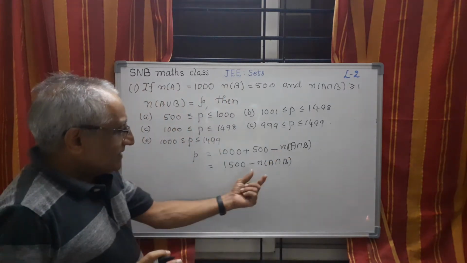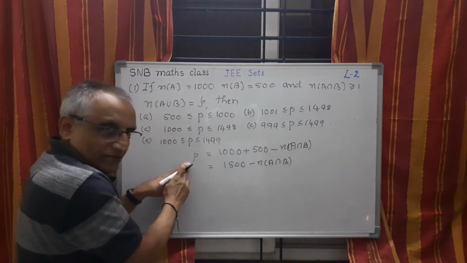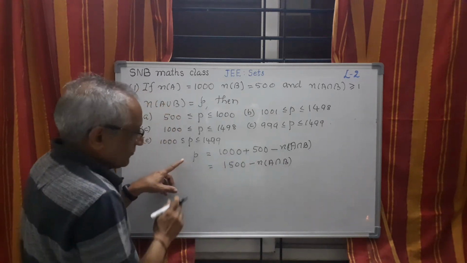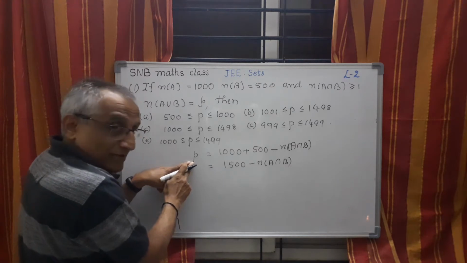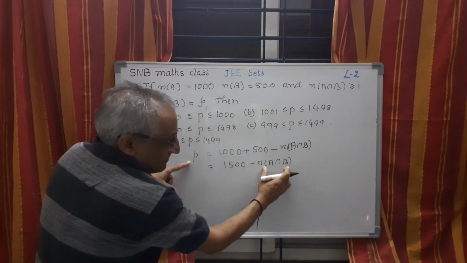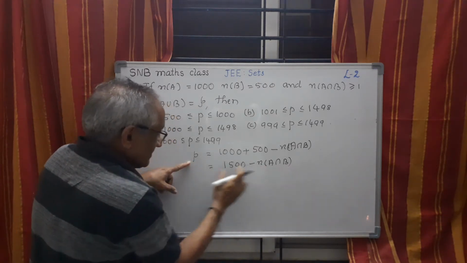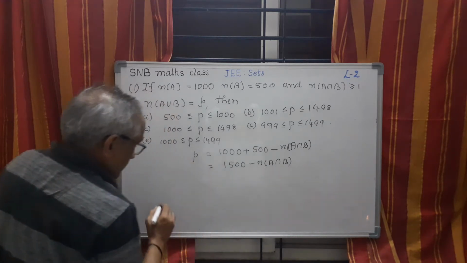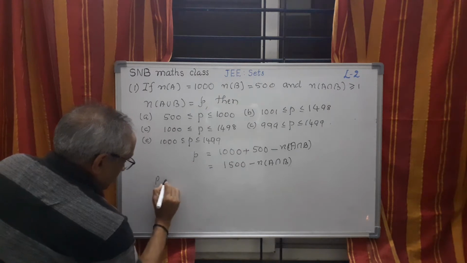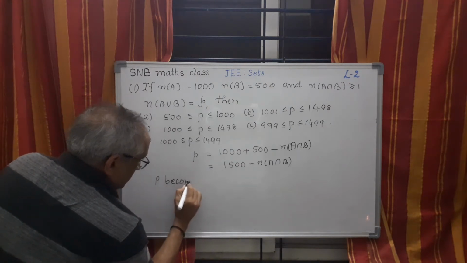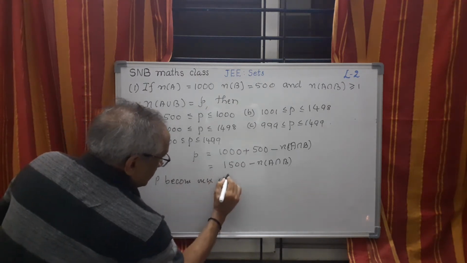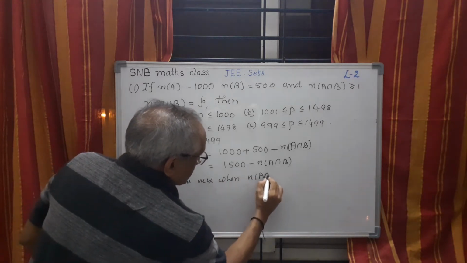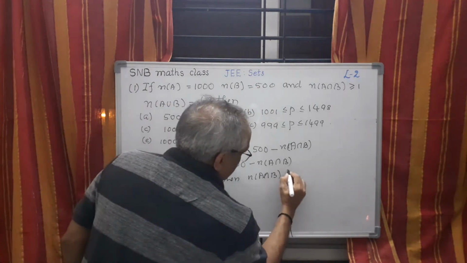Now you should decide, see, P is a quantity, 1500 minus something. Therefore, P becomes maximum when this is minimum. Please try to understand. Maximum of P will be when n of A intersection B is minimum.